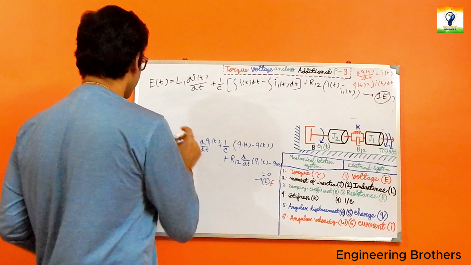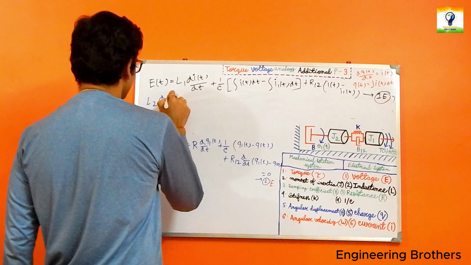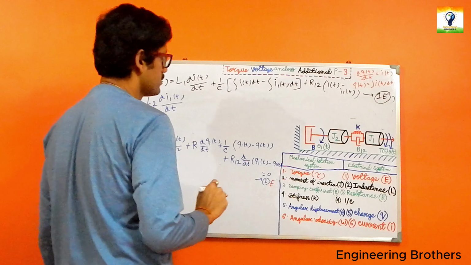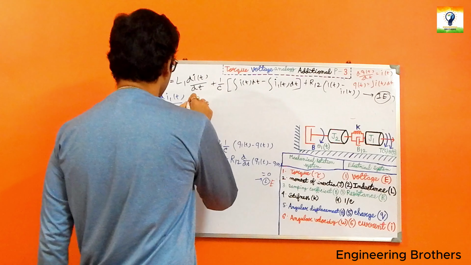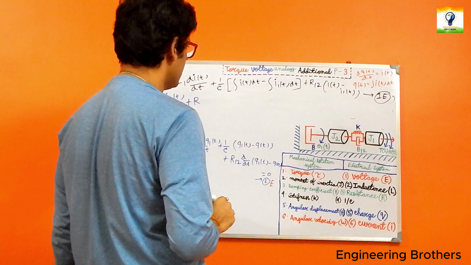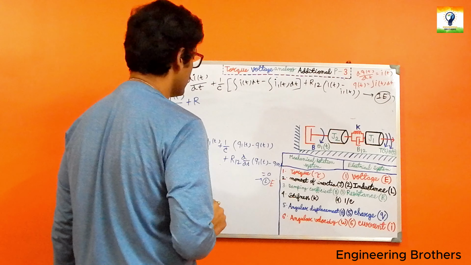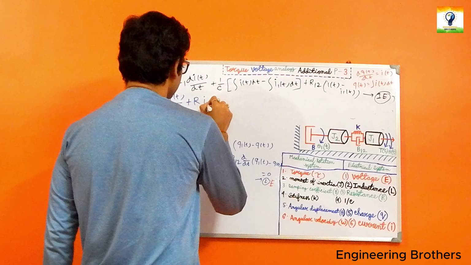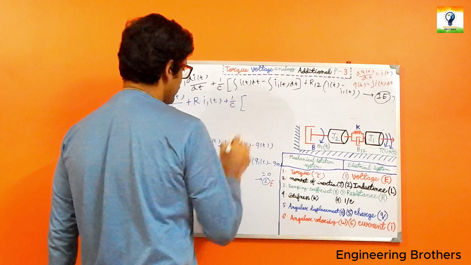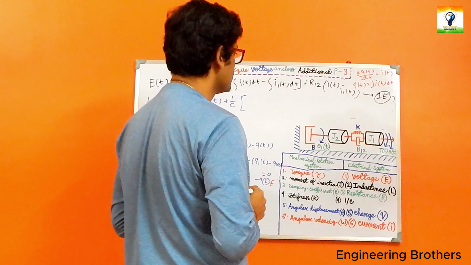For that, the second equation will be L2 times di1(t) by dt, plus R times d by dt of q1(t), which means i1(t), plus 1 by c inside our bracket. Instead of writing q1(t), I should write it as the integration of i(t) dt.